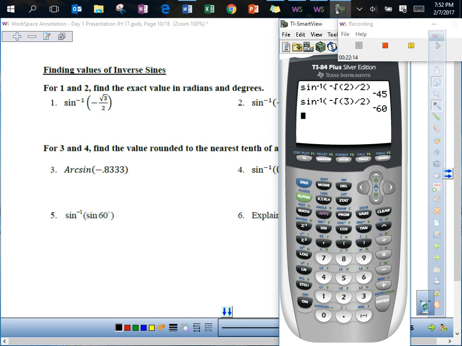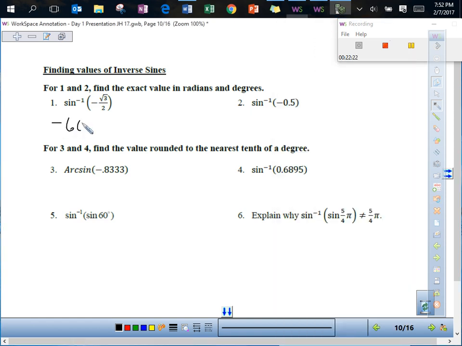And then let me hit enter. And then notice that it gives me negative 60. So my answer is negative 60 degrees. Okay. And then let's quickly convert that over to radians. So I'm going to get negative pi thirds.